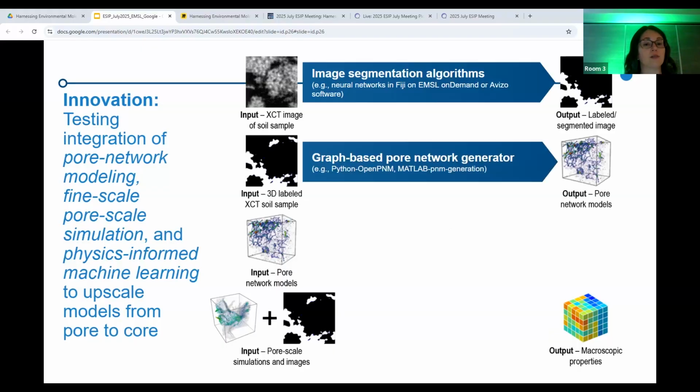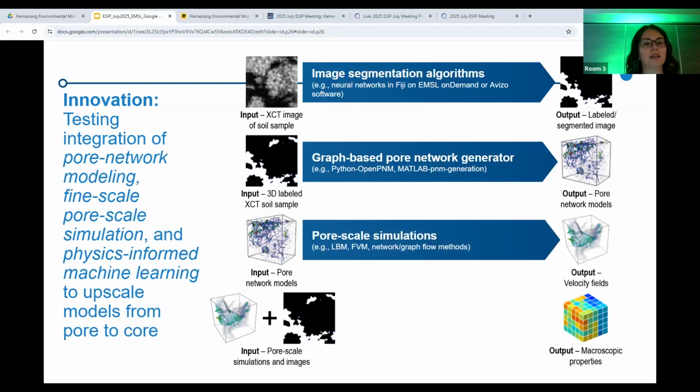Additionally, our scientific computing resources were used to do the transformation of those segmented images into pore network models using existing software libraries. And then calculations were performed using those graph-based models and those traditional expensive simulations with other existing software, also performed on the computing cluster.